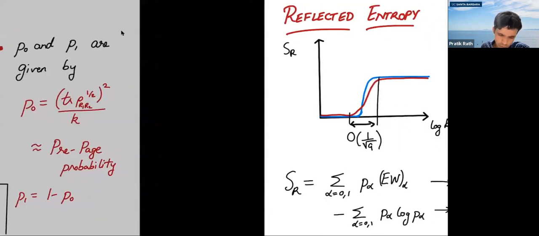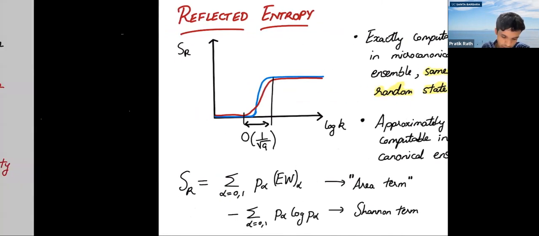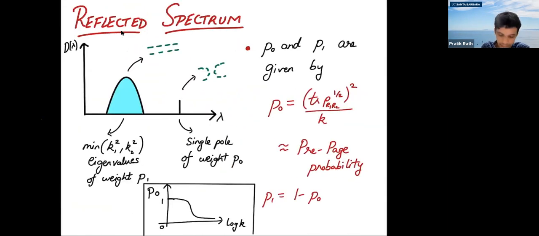Very good. So once you do that, you can plot what the entropy is like. Again, we can do the calculation in the microcanonical ensemble, and it's very similar to what a random state would be like. And in the canonical ensemble, again, we can compute it approximately. There are some approximations you can use similar to the ones for the entanglement entropy. And the answer is pretty simple because we had these two superselection sectors, which contributed some amounts.